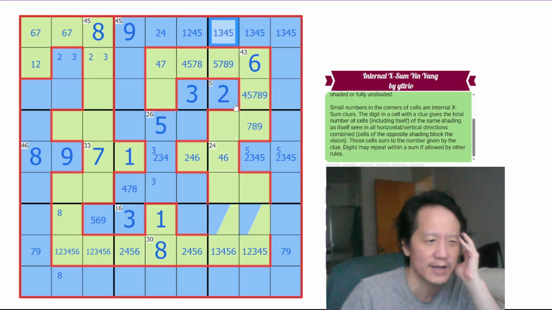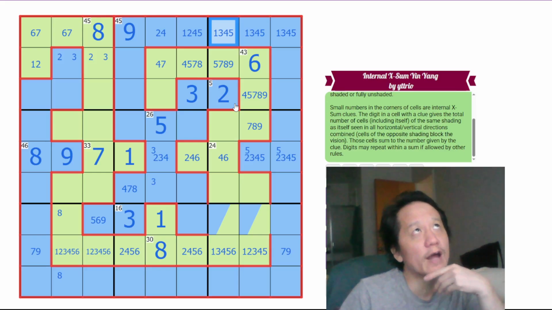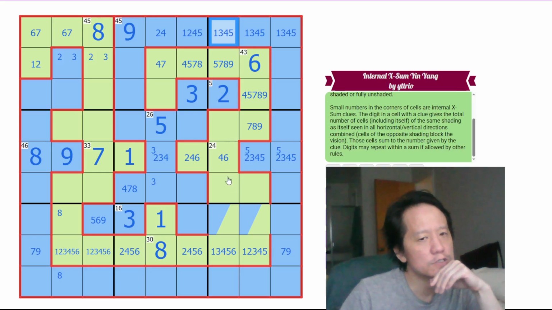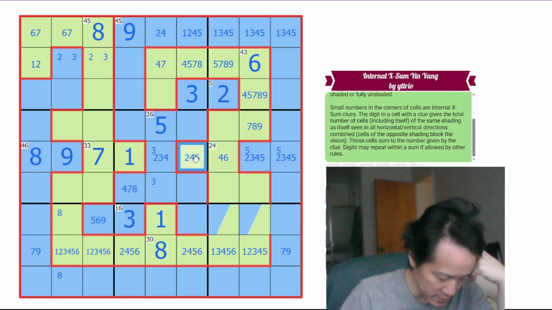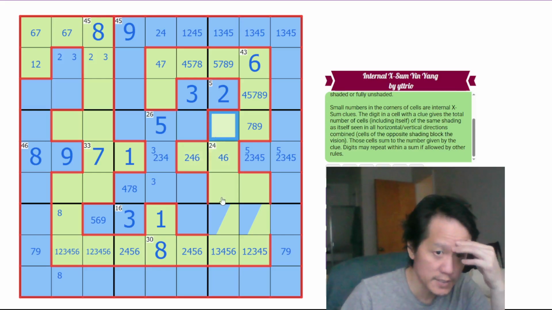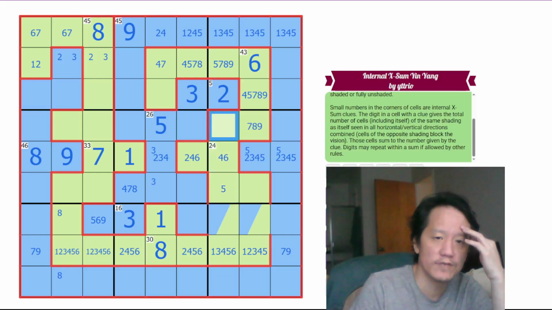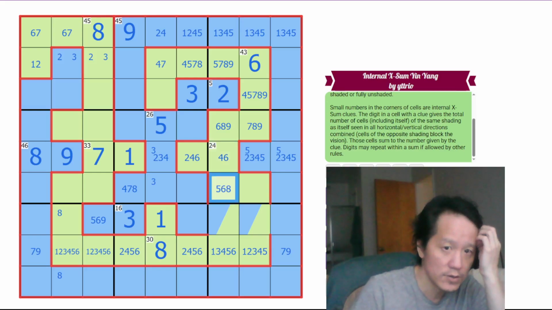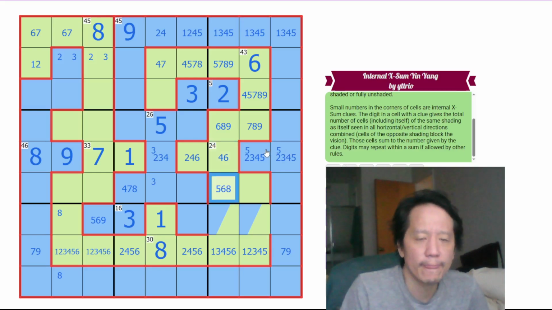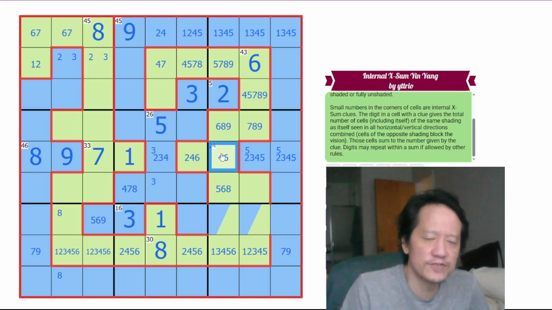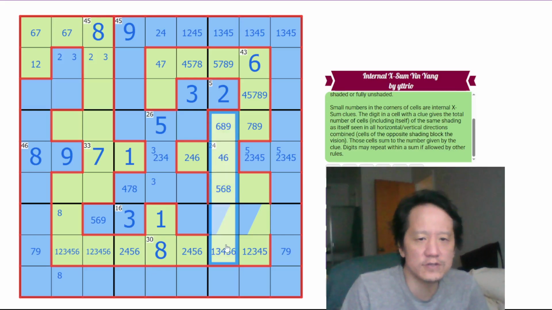And it only adds up to 13 anyways. So okay, if this is 4, this is 6. That's 10. This has to be added up to 14. So this would then be 5 and 9 or a 6-8 pair, which is possible. If this is 6, that means all of these are seen.